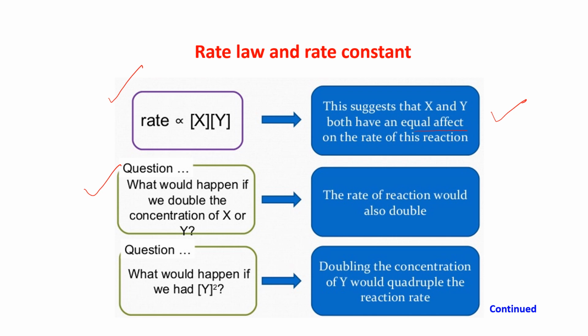Okay. Now what would happen if we had X to the power 2? Doubling the concentration of X, with X to the power 2, would quadruple the reaction rate. Am I clear to you?